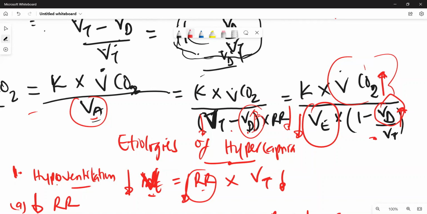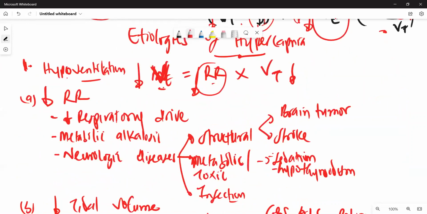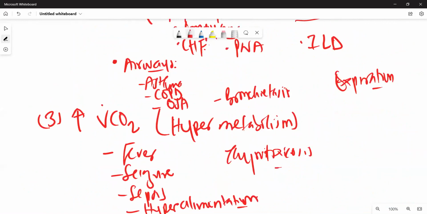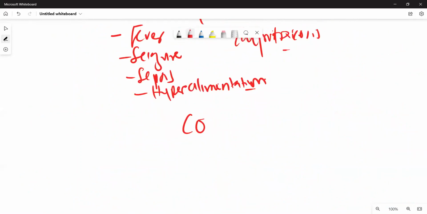So in summary, one thing I've realized, which is one of the reasons why I really love pulmonary, is that when you look at most of these diseases, right? Let's take COPD, for example. When you look at the causes of hypercapnic respiratory failure in COPD, I can't say that the cause is only because of one thing.